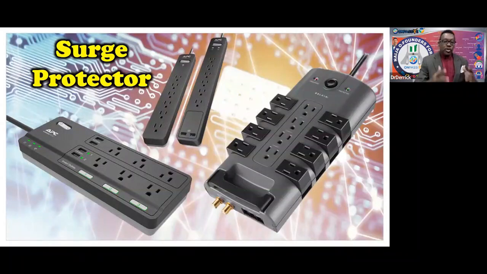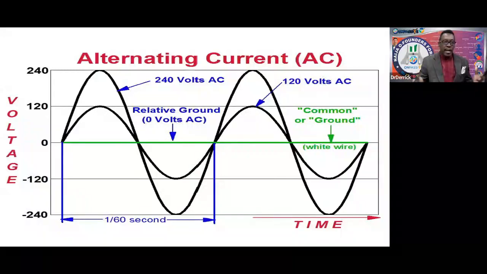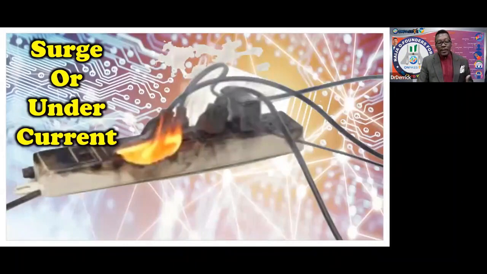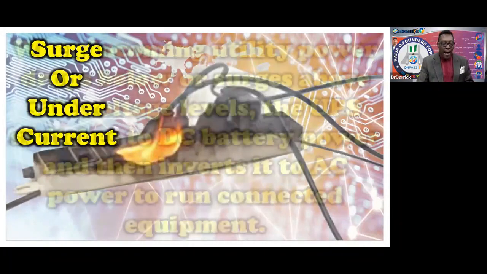A surge protector only protects against surges on the alternating current, AC, the current that comes out of your wall socket. It's alternating, so yes, it surges up, but it also drops, and sometimes it drops below what is required. Surges or undercurrent burn up surge protectors, and sometimes we wonder why.